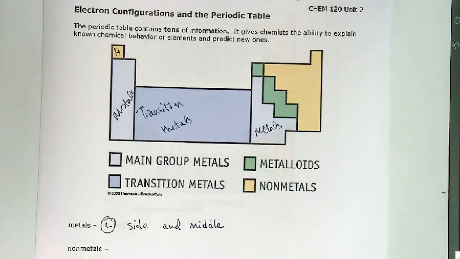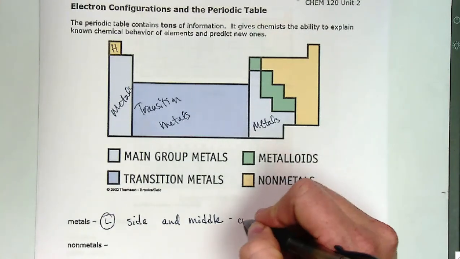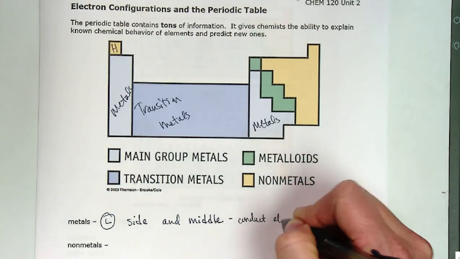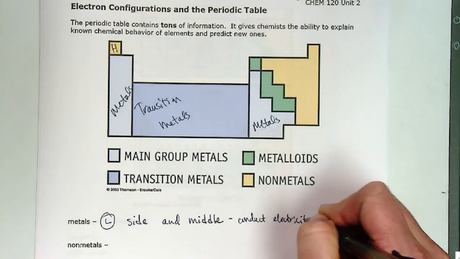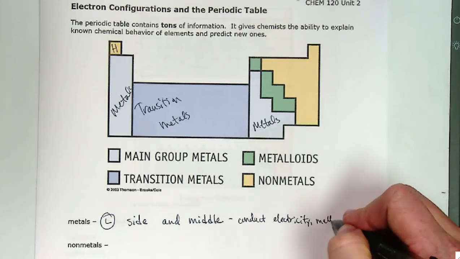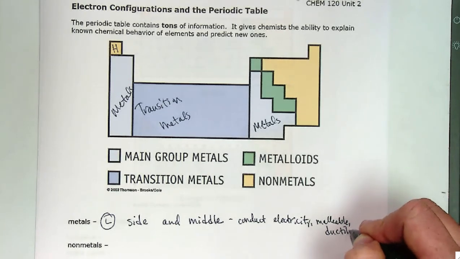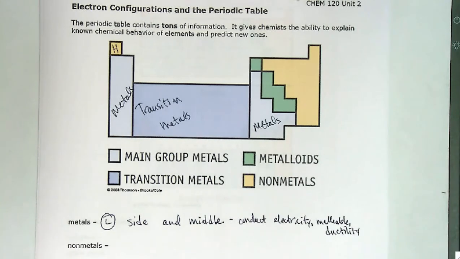But metals, they're unique. They can conduct electricity. Some properties about them: they're malleable, and they display ductility, so they can be drawn out into wires.